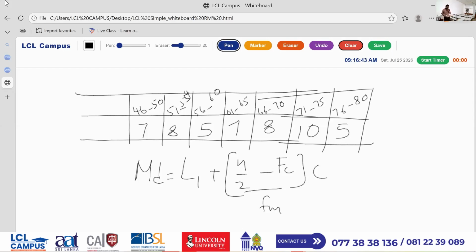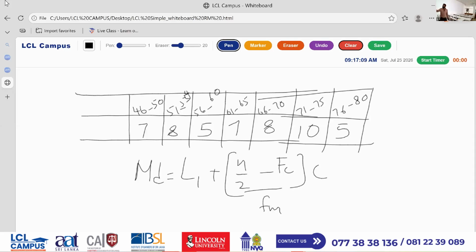First we want to take what the terms of this are. L1 means, as with the mode, the lower class boundary, but here it is the lower class boundary of the median class. N divided by 2, where N means the total data, divided by 2.